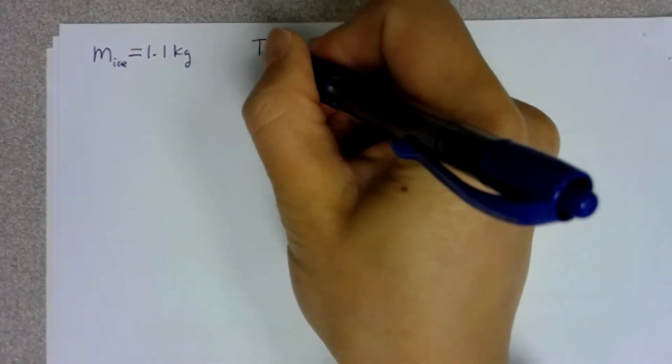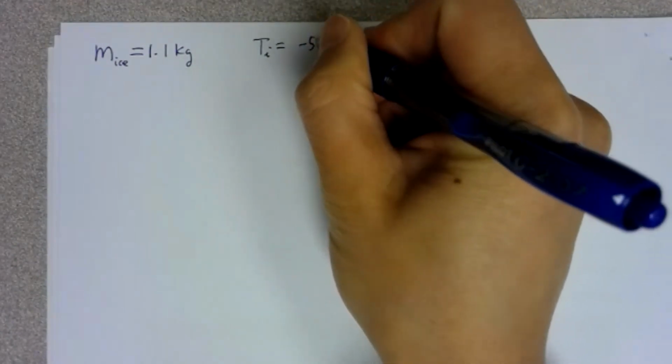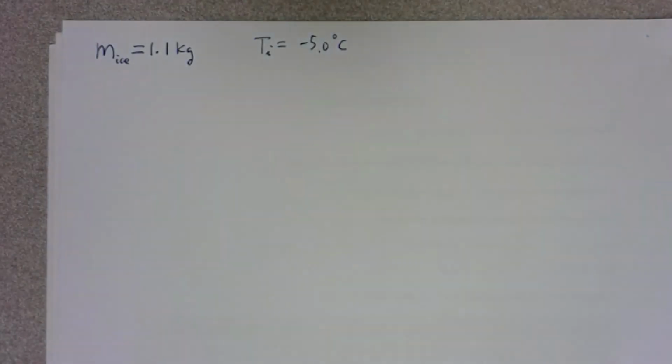Its initial temperature, T initial, is -5 degrees Celsius. Now you add 5.2 times 10 to the fifth joules of heat into the ice. What's the final temperature of this system?